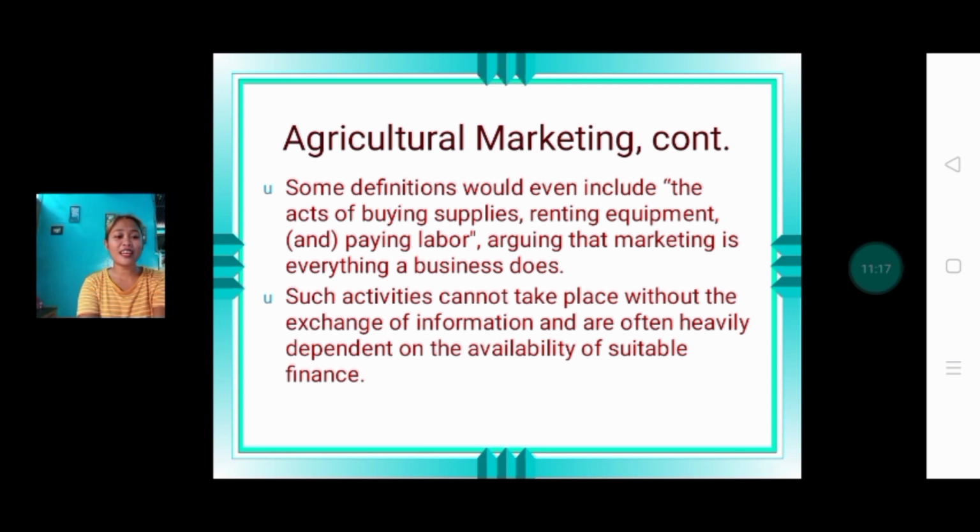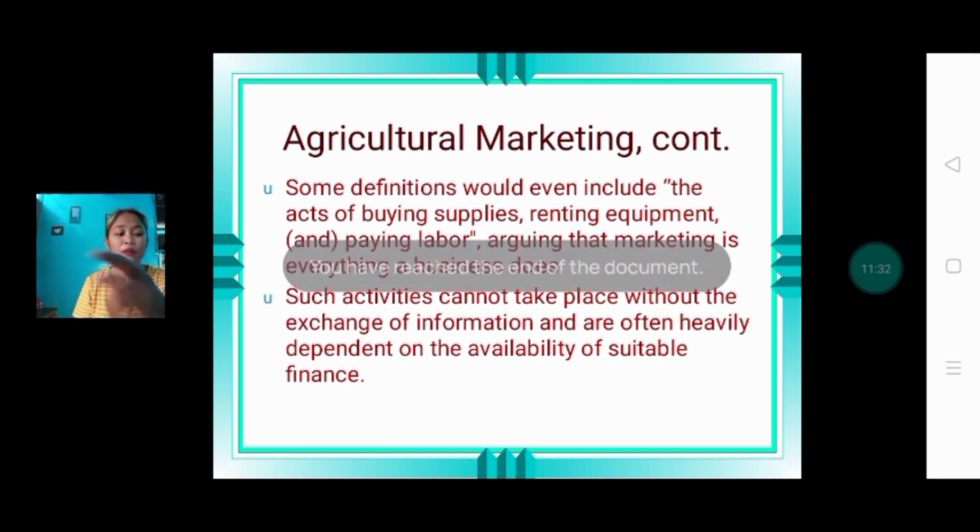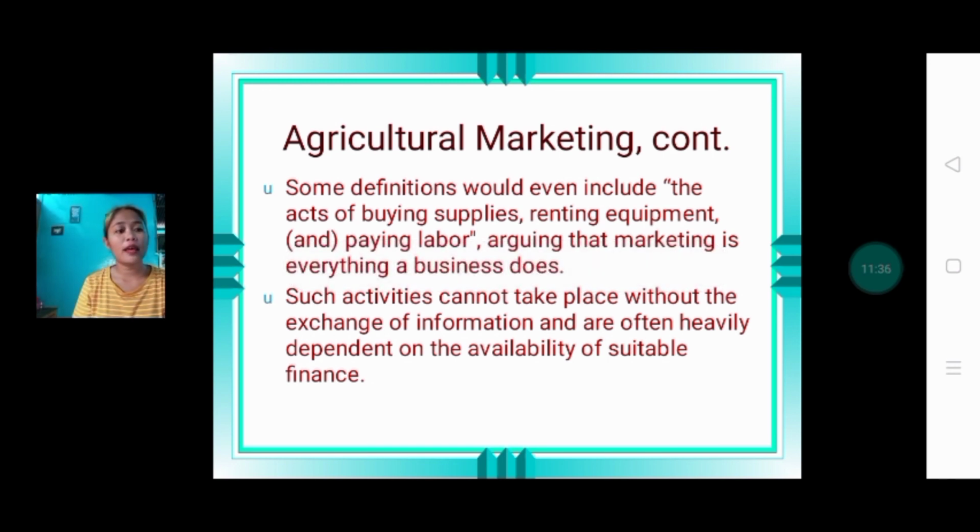Such activities cannot take place without the exchange of information and are often heavily dependent on the availability of suitable finance. So those are the meanings of agricultural marketing.